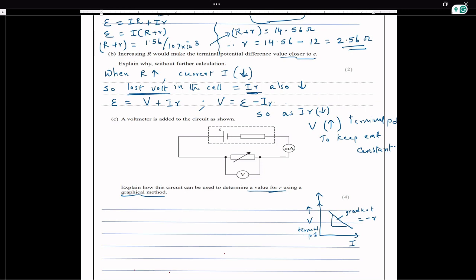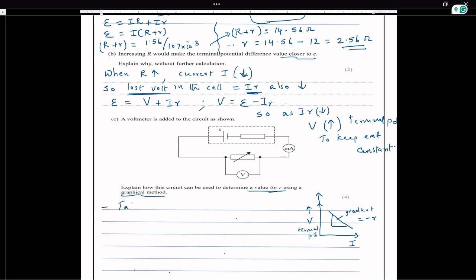So here you can see that there is a variable resistor, and across that variable resistor we can measure the voltage. So take the reading of the voltmeter and the corresponding current reading for different values of R. Then plot the graph. So let's start answering it.